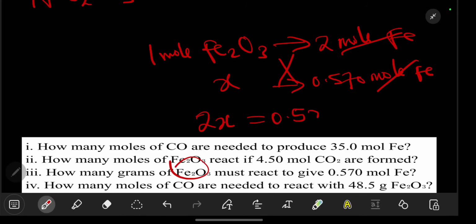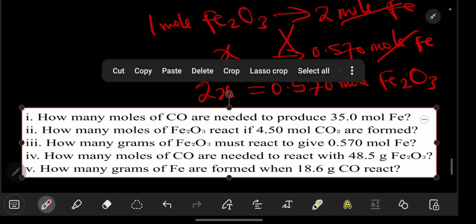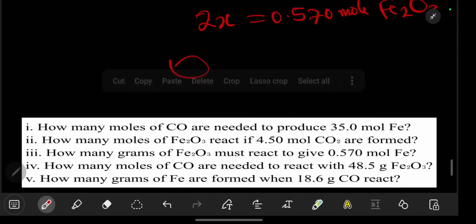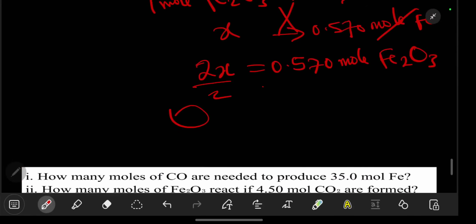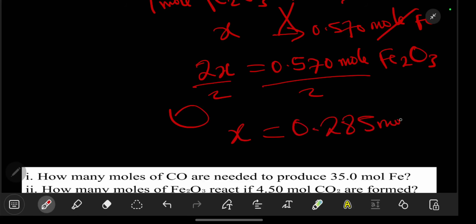Now we divide by 2 to get x, which is 0.57 divided by 2. This gives us a value of 0.285 moles.